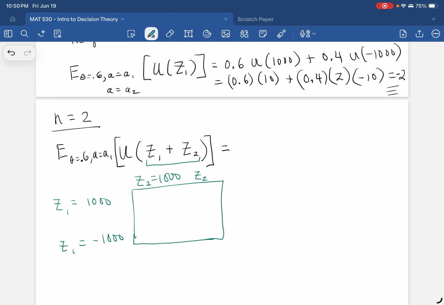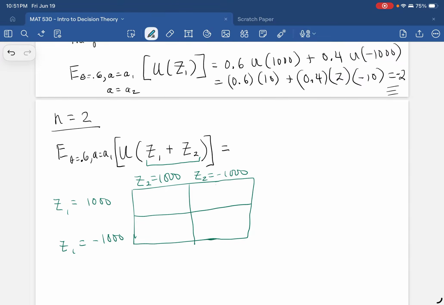Or for the second play, you could lose $1,000. So we've got to think about the associated probabilities with each one of these possibilities. So we've got to come up with a joint distribution of these two random variables.